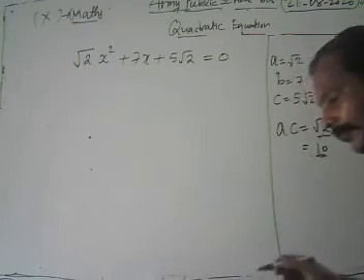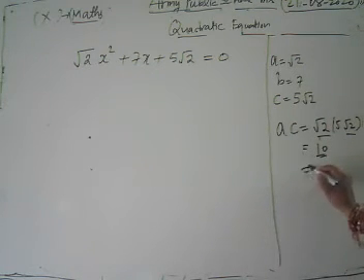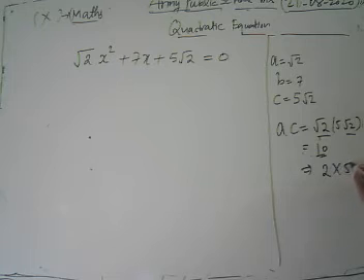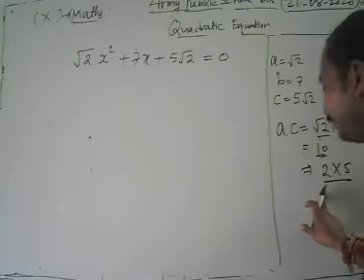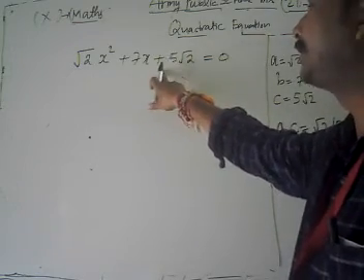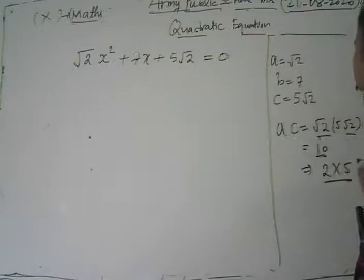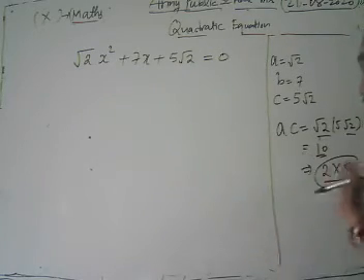Now we have to find the factors of 10. What are the prime factors of 10? 2 and 5. Such that, as the sign of c is positive, the sum is equal to 7. Obviously the sum of 5 and 2 is 7.